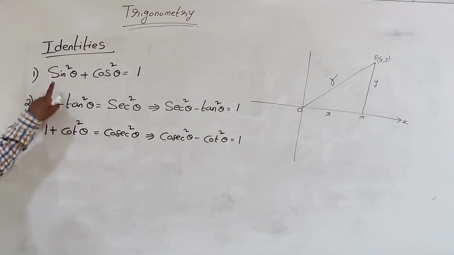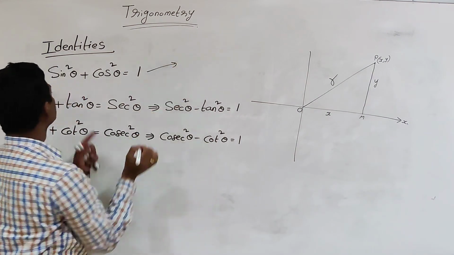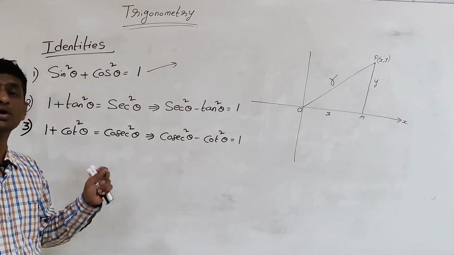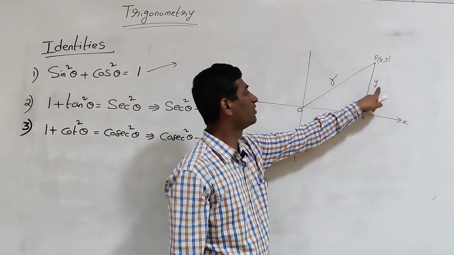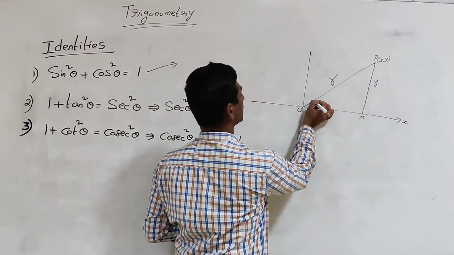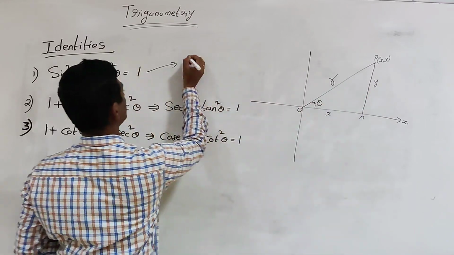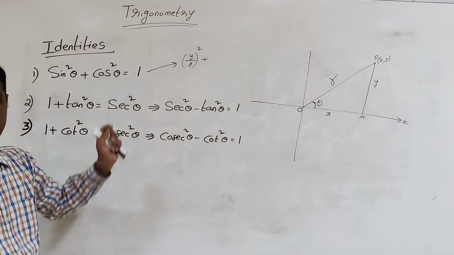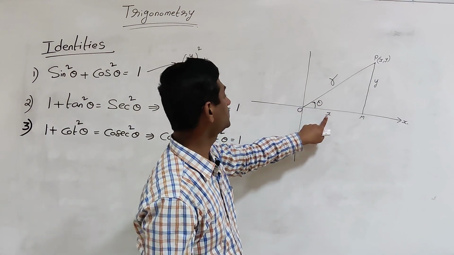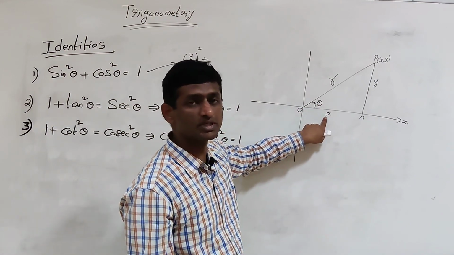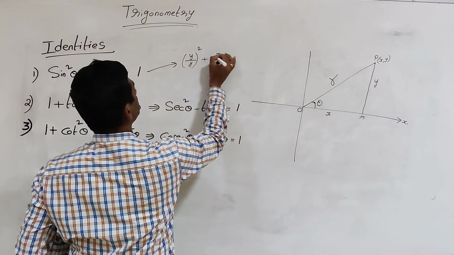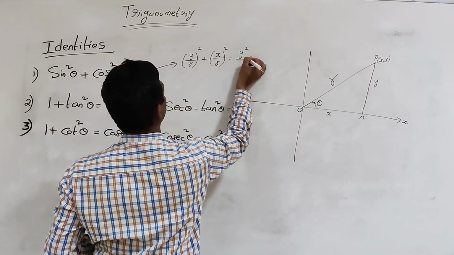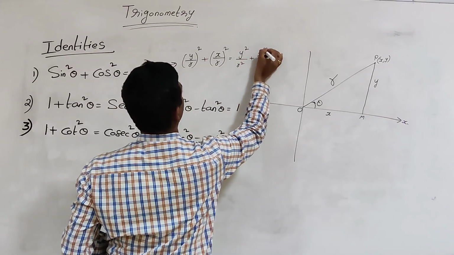Now we will see the proof for the first one. Sin square theta means sin theta whole square. But what is sin theta as per the definition? It is y by r. So y by r whole square plus cos theta whole square. Cos theta as per the definition is adjacent side by hypotenuse, so x by r whole square. If you simplify, y square by r square plus x square by r square.